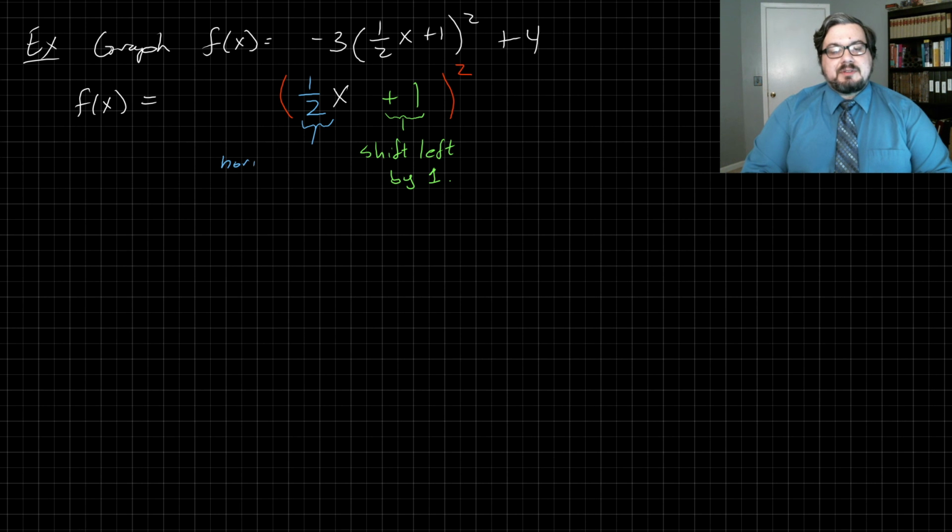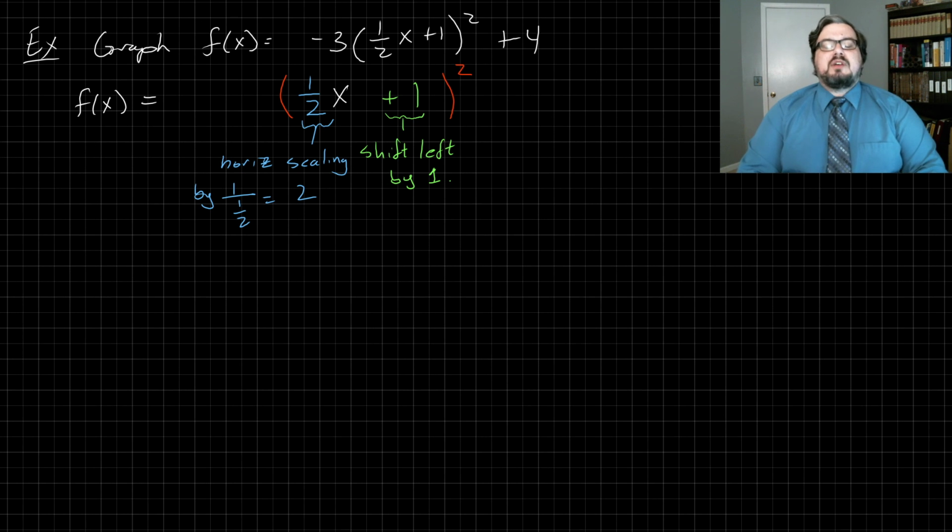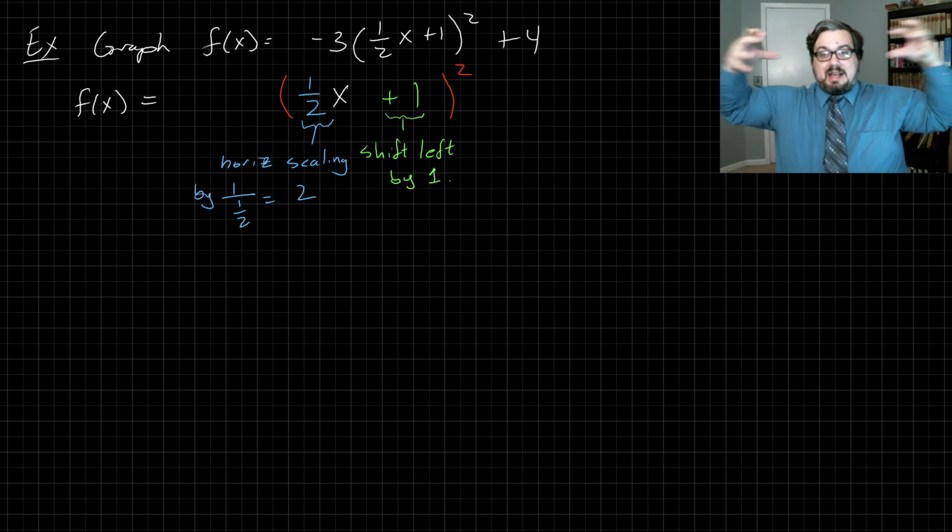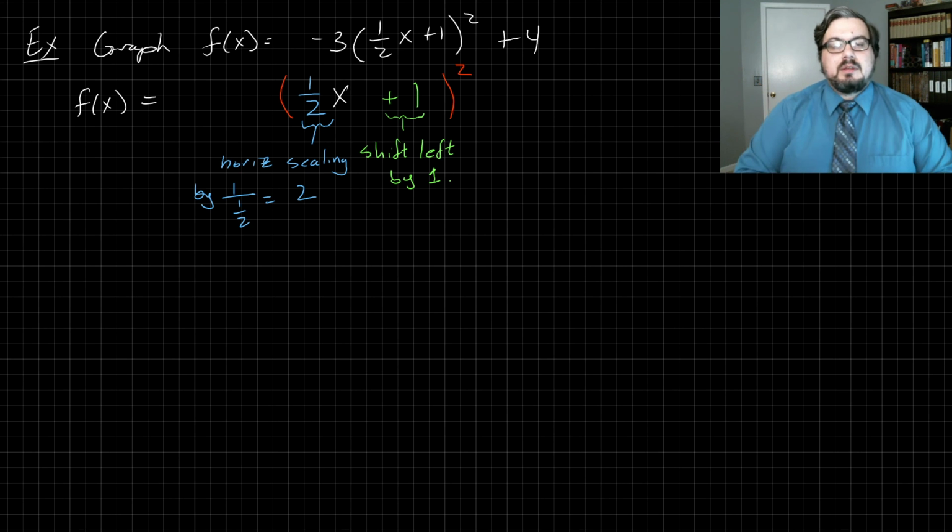And so this is going to give us a horizontal scaling by 1 over 1/2, or in other words, 2. We could think of the horizontal scaling as always scaling by the reciprocal of the coefficient of x, the number being multiplied by x. So this is going to be multiplying each of our x values by 2, or in other words, stretching the function out horizontally.